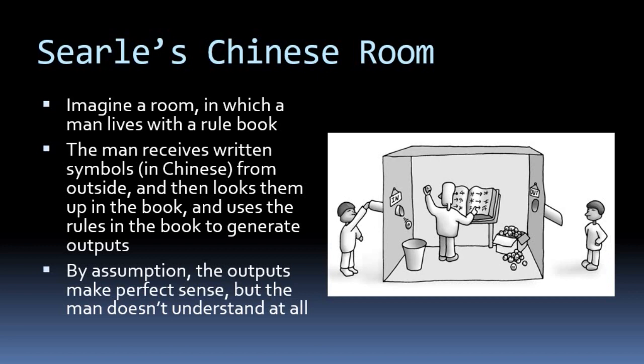And then native Chinese speakers write things down and put it through a slot. And this man in the room has no understanding whatsoever of the Chinese language, has no idea what the symbols mean. He's just totally ignorant of their actual meaning. He receives these things, looks them up in his book, and sees, okay, if I see this symbol, I write down this symbol, and then he puts them through another slot.